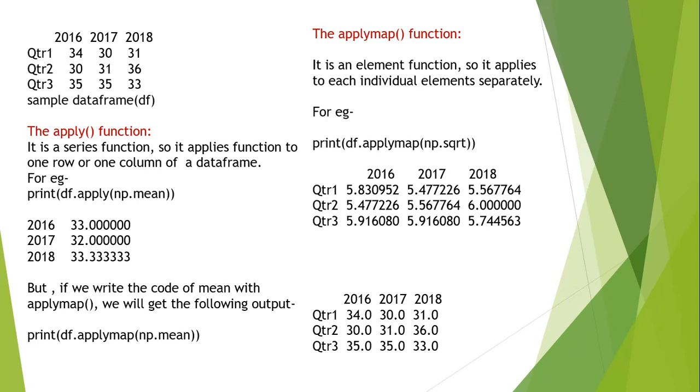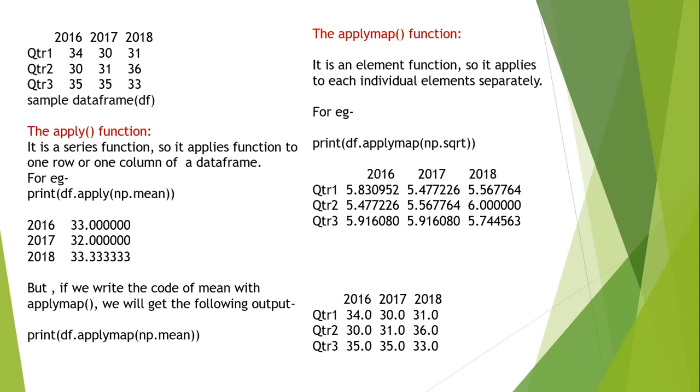Apply was providing you the result by taking a particular set of rows, so it was adding the elements accordingly. Now we have each individual element operated with this mean function. Each individual element has to be averaged, and since there is only one element here, to get the output we divide all the elements by 1, and it results in the values accordingly.